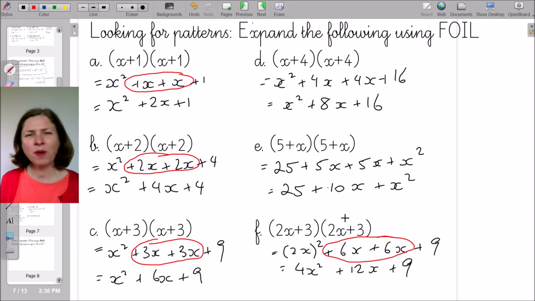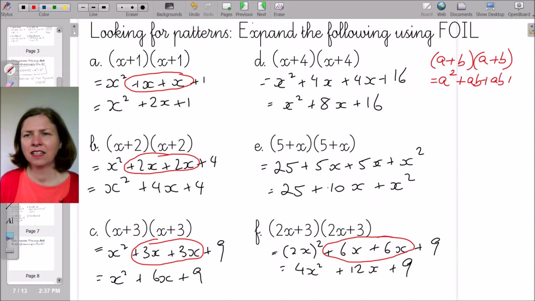So if I write down a plus b multiplied by itself, then the pattern I get is the first term a squared, then I do a times b twice, and then I do the second term squared.